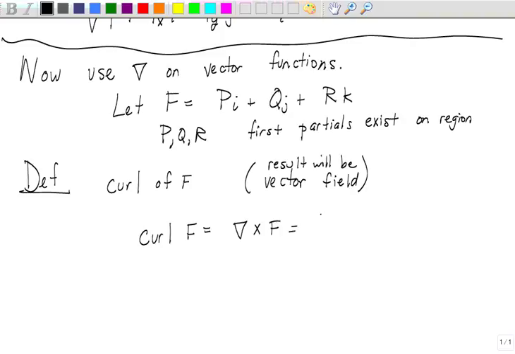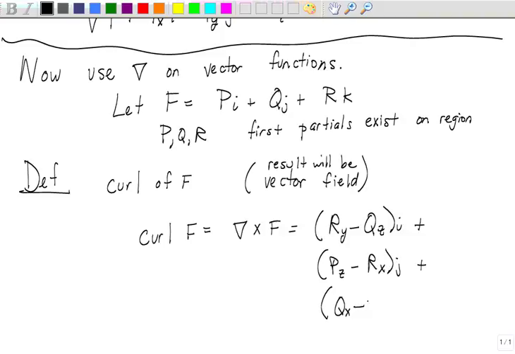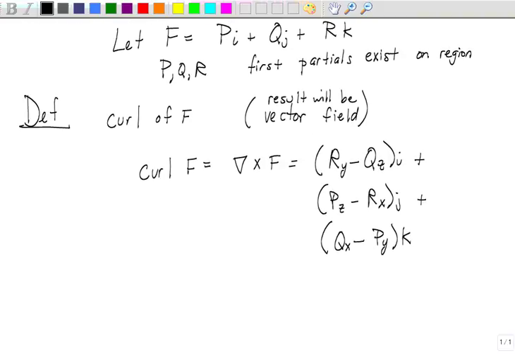And we can write that as (R with respect to y minus Q with respect to z) i plus (P with respect to z minus R with respect to x) j plus (Q with respect to x minus P with respect to y) k. Now you don't have to memorize that.